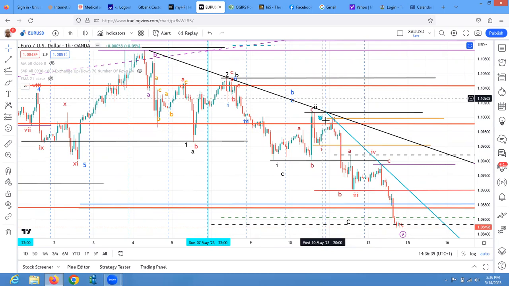Now, like I told us on Thursday on the daily, once you correct deep to take 76.4 or 85.4 of this bullish move to the downside, know that price is going down. And that is what it's doing.